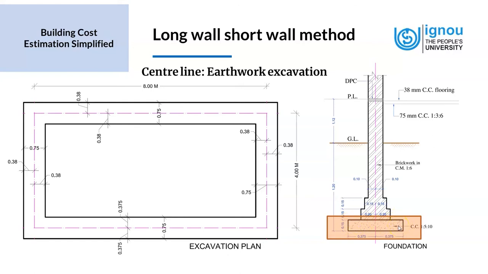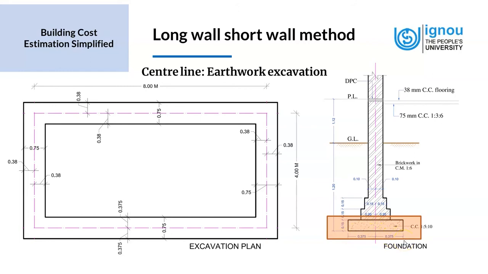So the first item that we are going to measure using the central line, the long wall short wall method, would be the foundation. And so we need both the section and the plan. We need the section, in fact, to find out the dimensions. So we see that from the central line, it's 0.375 on one side and 0.375 on the other side.